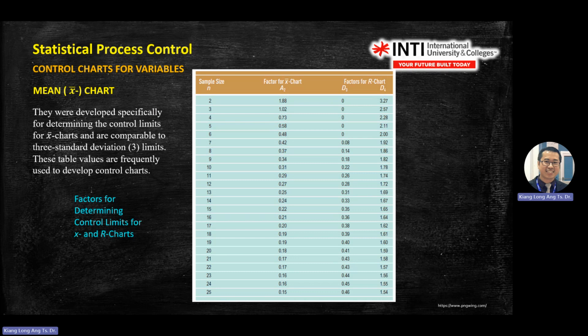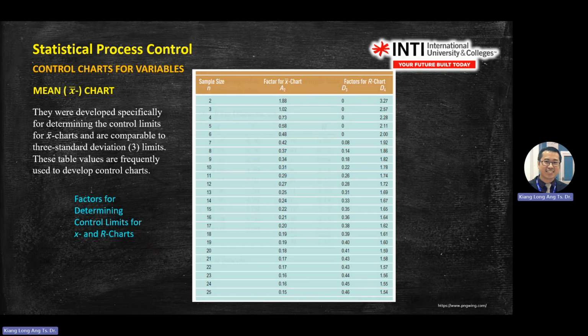If the question asks you to plot an R chart, range chart, you use the D3, D4 values. So this one we will further study another 2 more charts, the P chart and C chart, and then the mean chart. You will have known data, known standard deviation, unknown standard deviation. So this is for unknown standard deviation. You use the A2 value.